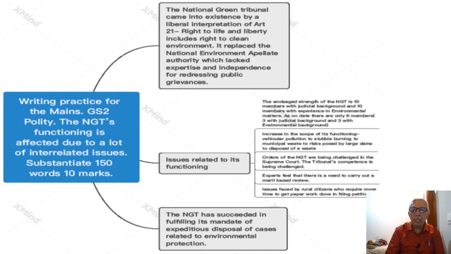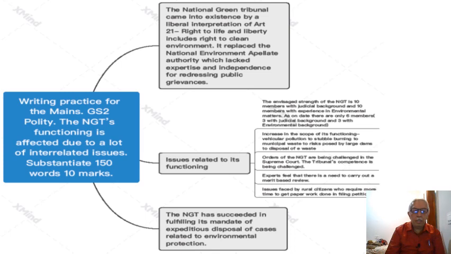But if we see the current composition, there are only 6 members, 3 with judicial background and 3 with environmental background. So the first major problem relating to its functioning is the NGT is severely understaffed. So when it is understaffed, it is not able to fulfill its mandate of protecting the environment.